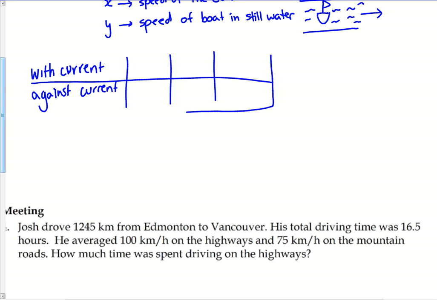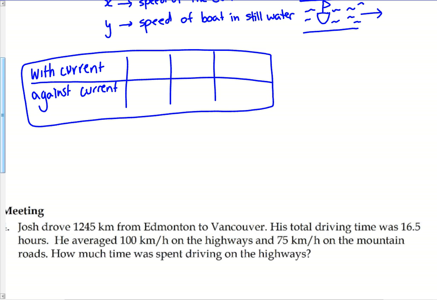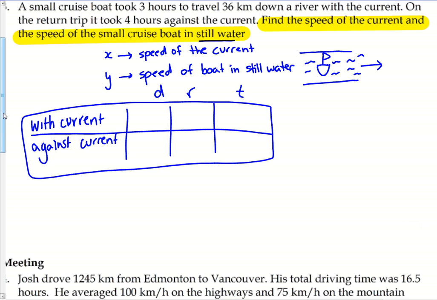Okay, DRT. Let's fill in some information. So let's fill in their rate because that's where our speeds or our variables are going to go, right? With the current, what's your speed going to be? Anyone want to take a stab at it? Yeah? Oh, you already got the answer?